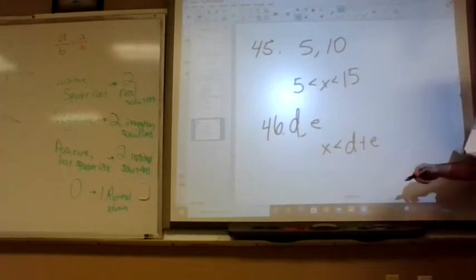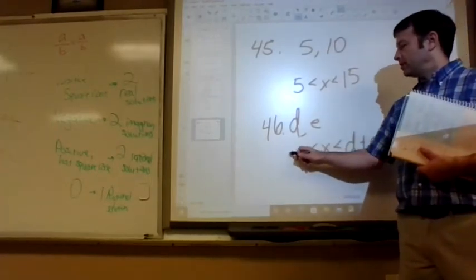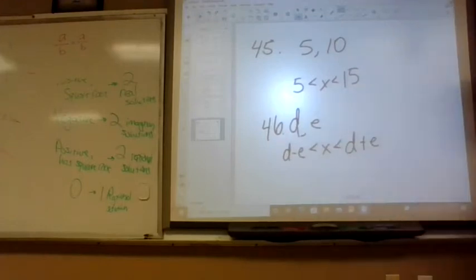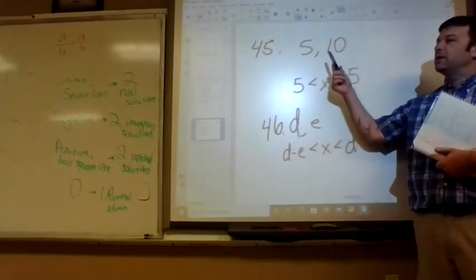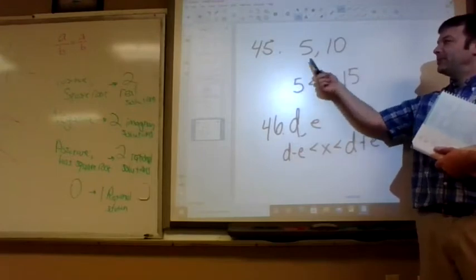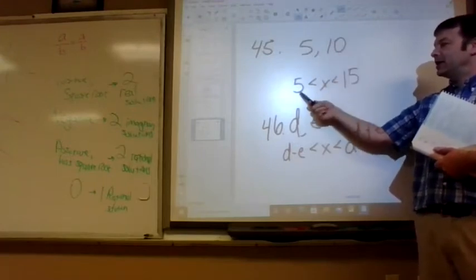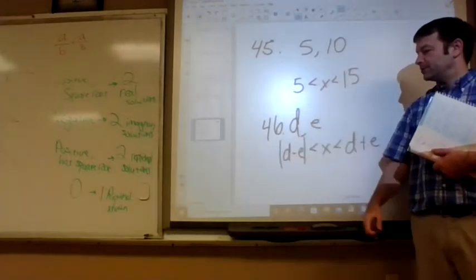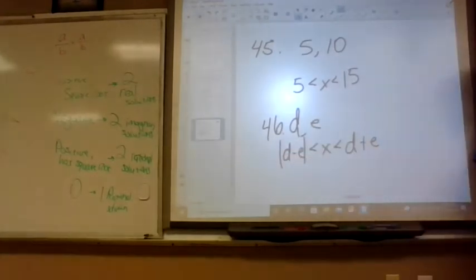D minus E. Okay. There's something a little bit wrong with this though. It'd be E minus D. No, D minus E with the absolute value. Right. So if we did 10 minus 5, we get 5. But if we had done 5 minus 10, we get negative 5. And you don't want a negative, so use absolute values around it.